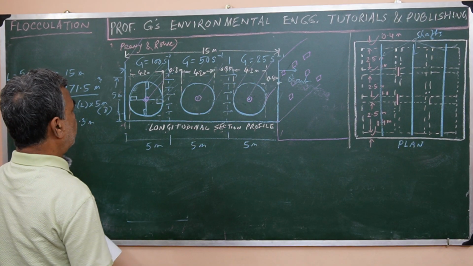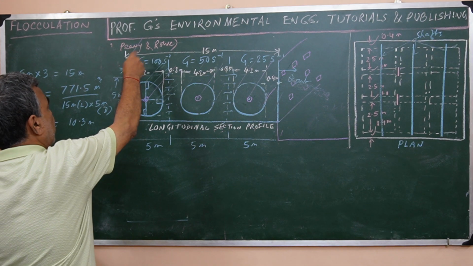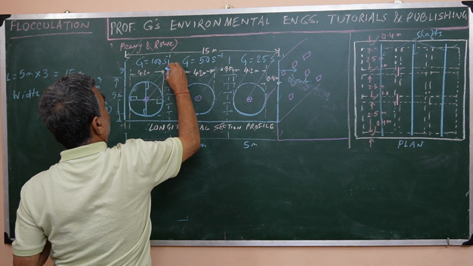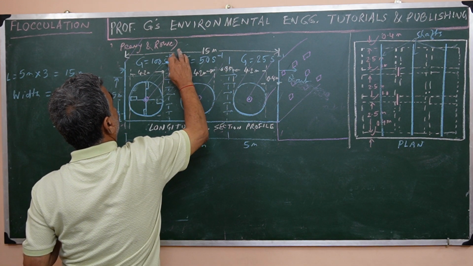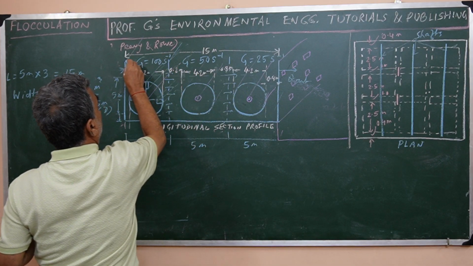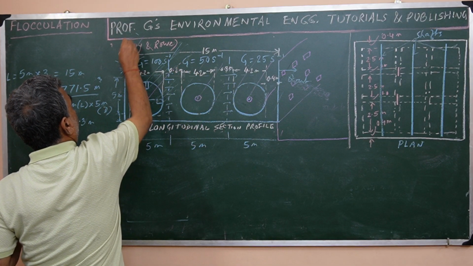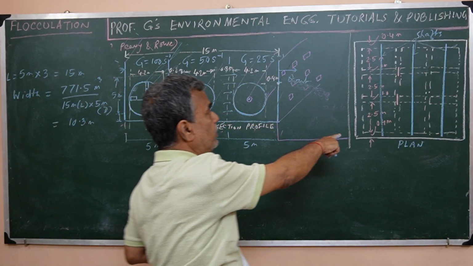So this width actually will be 10.3. This side will be 10 meter, and this width we have shown here in detail.